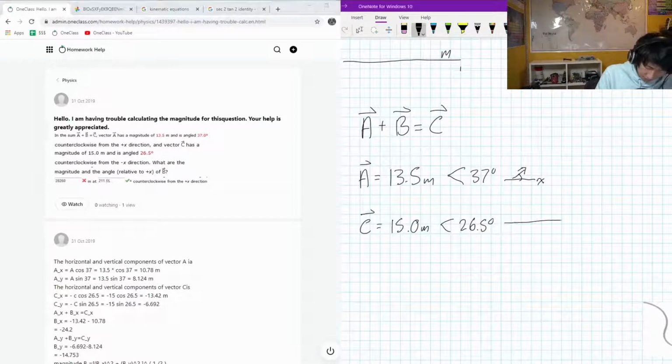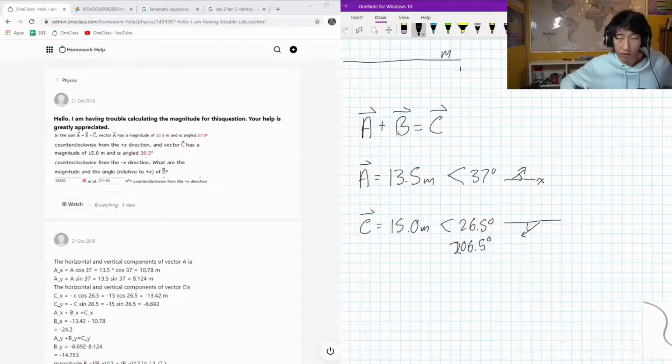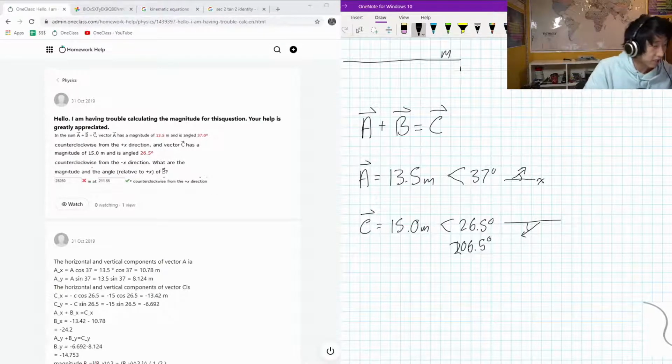Okay, so this is going this way. Another way that we can write this is 206.5 degrees, because if we just add 180 to it, that would be the same. Okay, and we have to find out what is the magnitude and angle of B.